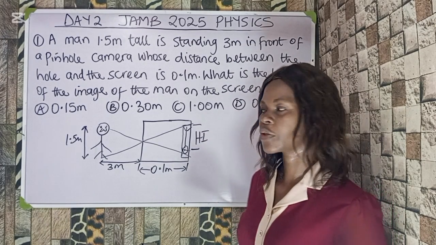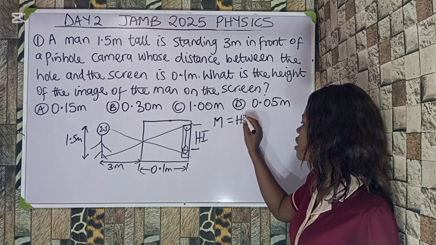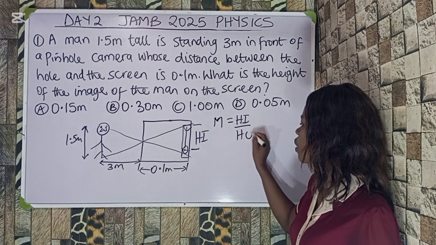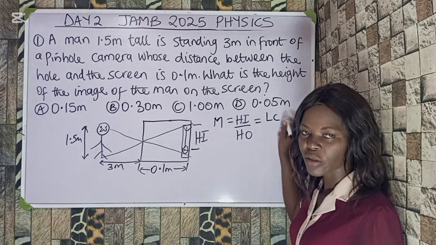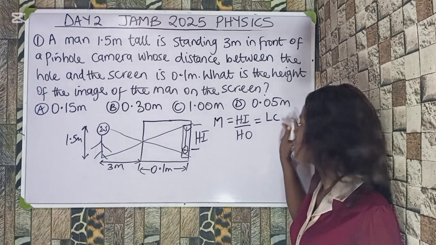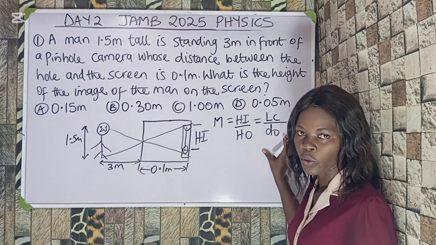So what is the magnification? Magnification is equal to height of image over height of object. Then it's equal to length of camera, or distance of image from the pinhole, all over the distance of object from the pinhole. Do you understand?